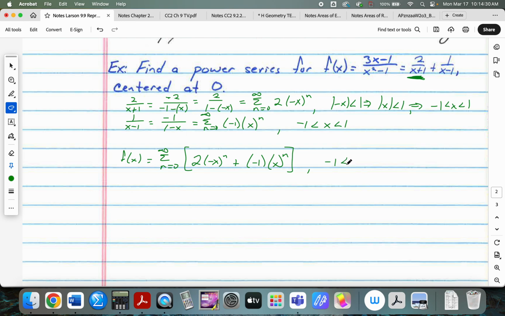And this will be for negative 1 less than x less than 1. See if we can simplify that a little bit. I'm not sure that we can. I always want to look. So notice I can factor out an x to the nth power. So I'll have x to the nth times 2 times negative 1 to the nth plus, or let's just say minus 1.